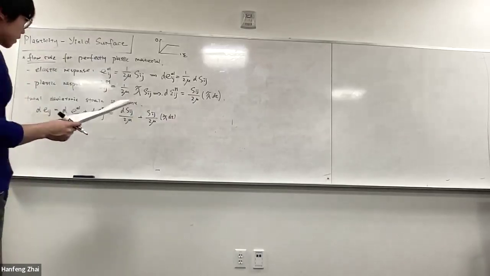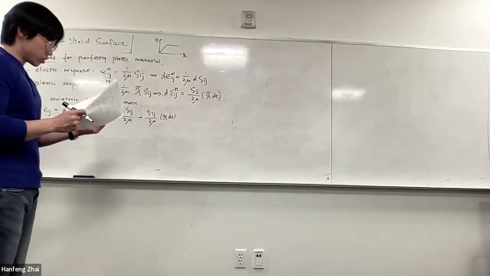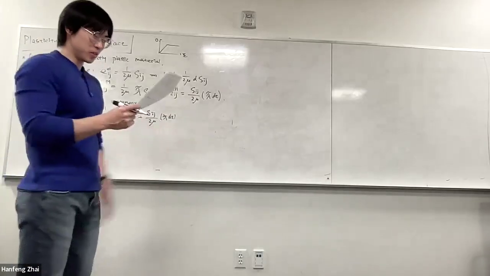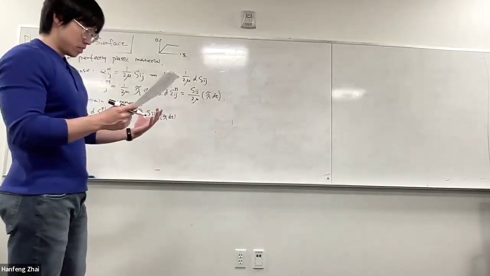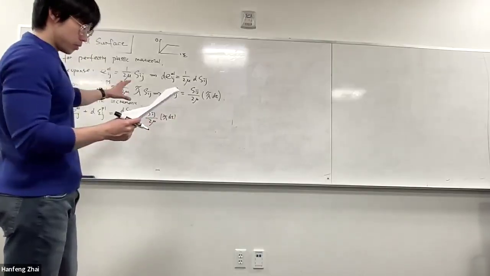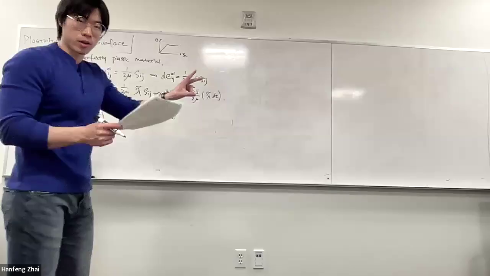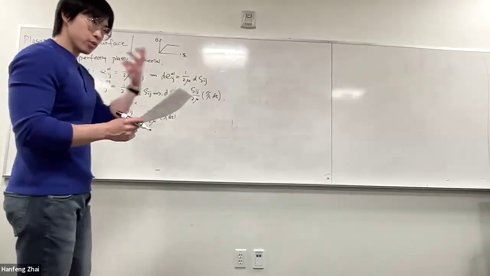Here comes the most, I would say, interesting or challenging part of this video, which I hope to use to wrap up this video. How would you interpret the classic flow process, at least in the context of a perfectly plastic material, geometrically?